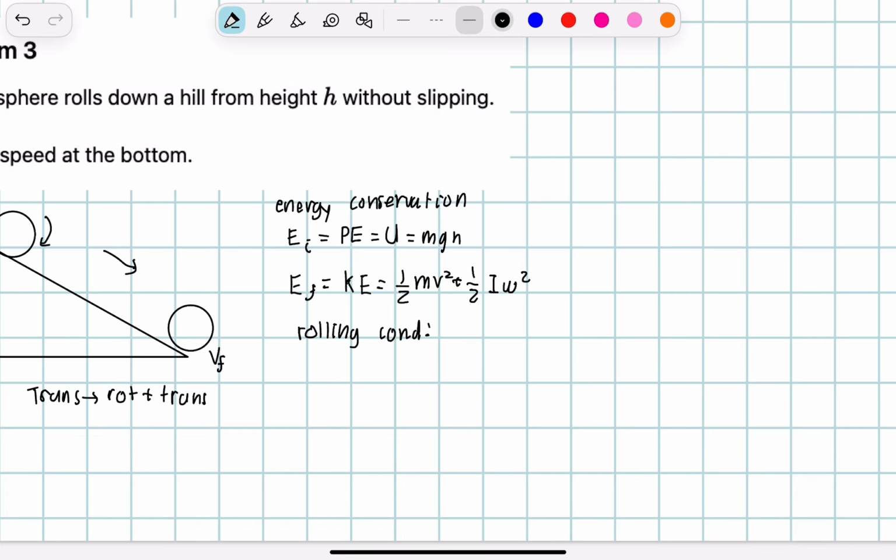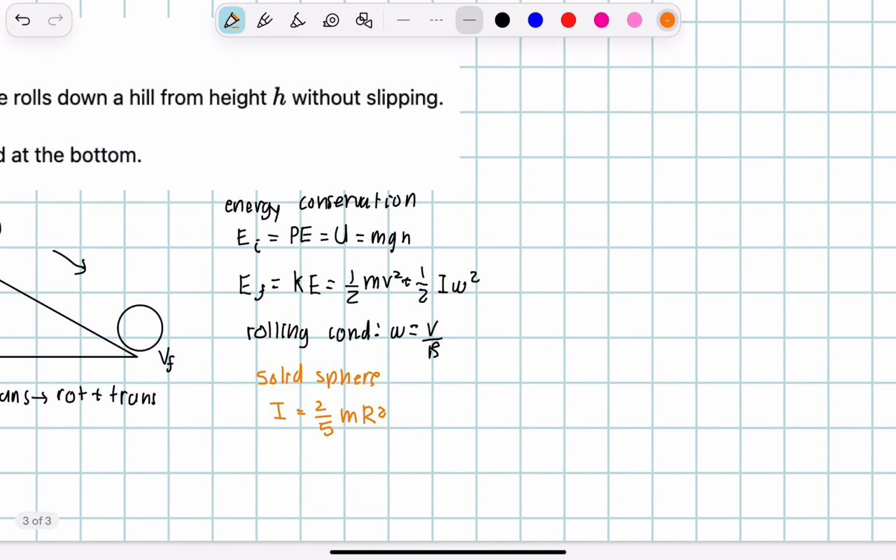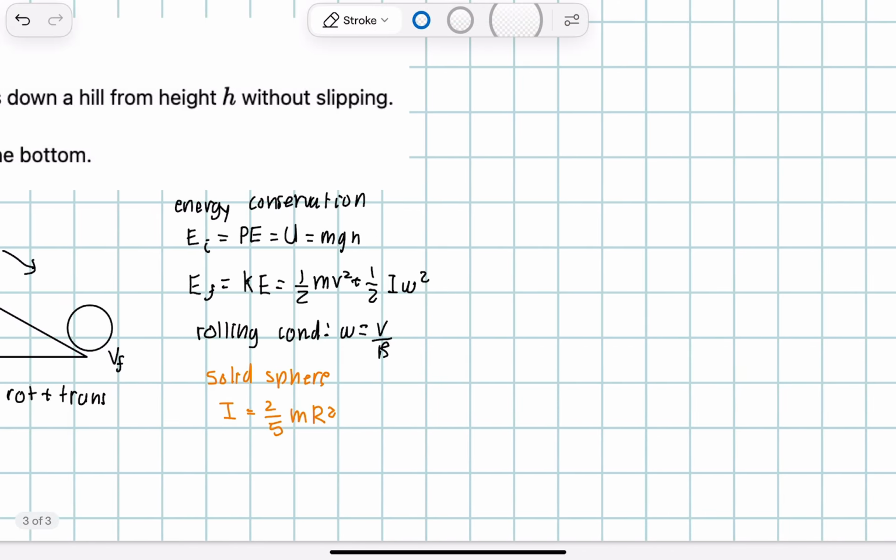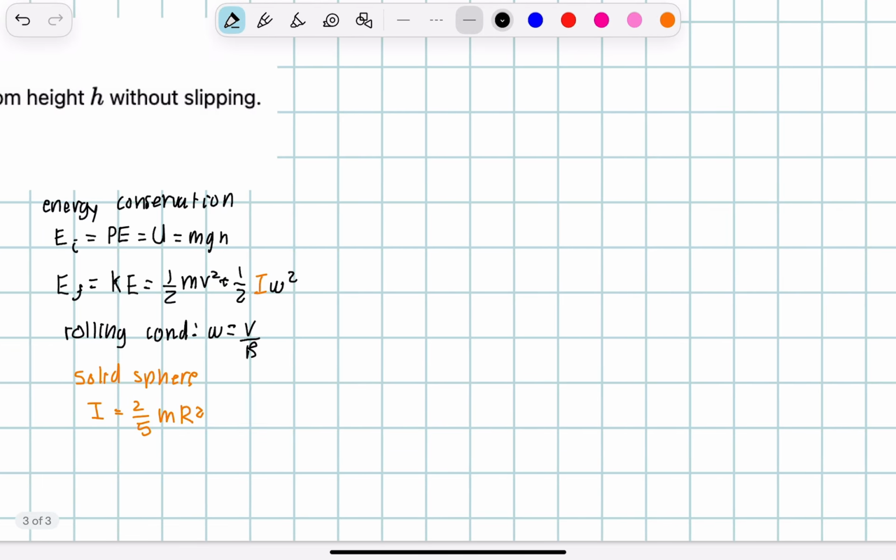So now we can use the rolling condition, which is that omega is equal to v over r. For a solid sphere, the moment of inertia is 2 over 5 mr squared. Because we know this, we can substitute that in for the I that we had up here. We can write out that E initial is equal to EF.